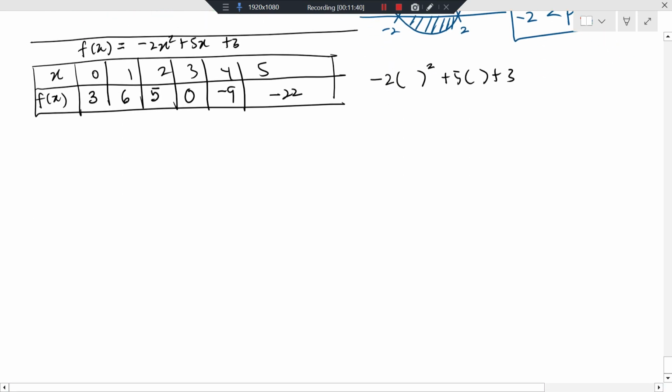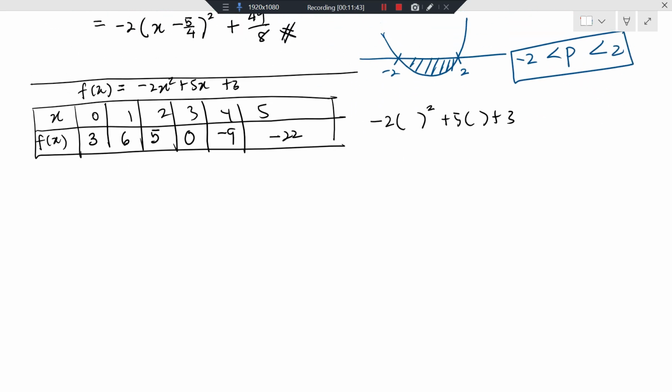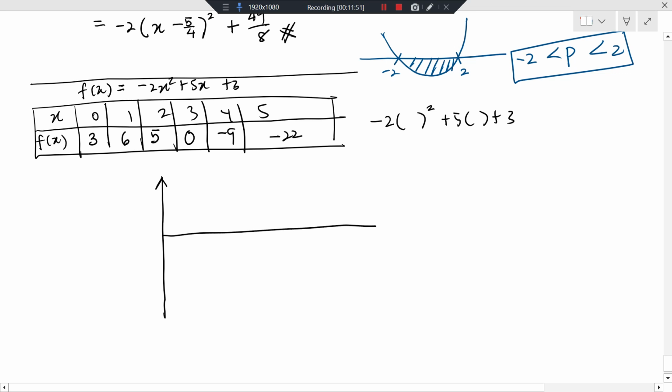Okay, so I can see how the graph will look. Like this, right? Because you need to show from 0 until 5, and the x-intercept, this one, and the y-intercept is 3, so it must start from 3.